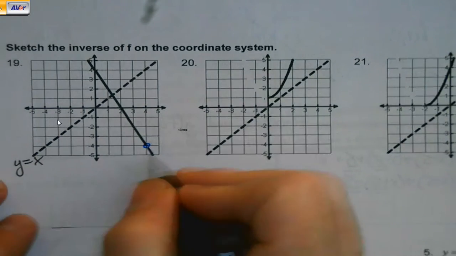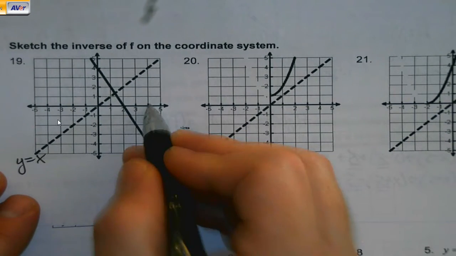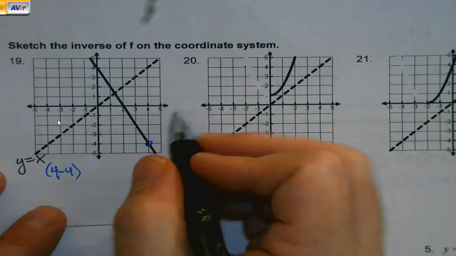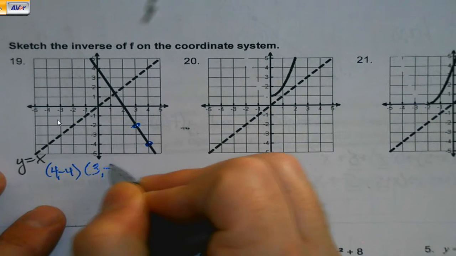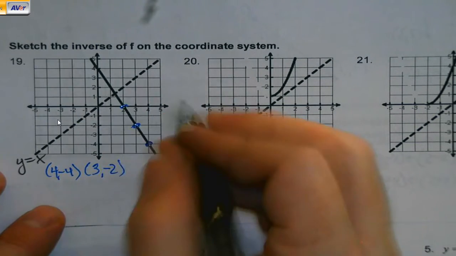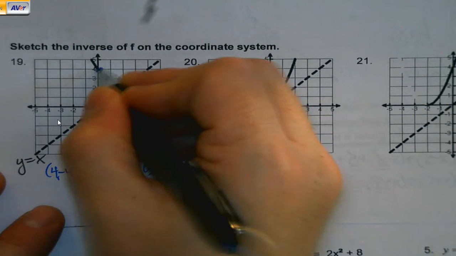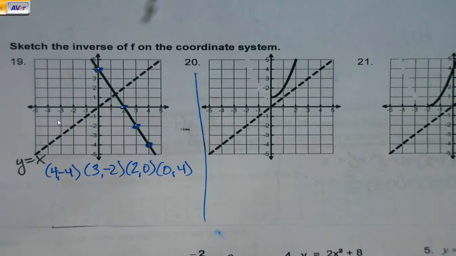And I'm just going to jot them down here at the bottom instead of writing them all up there. So this, for instance, is 4, -4. And 3, -2. 2, 0. Let's do one more. 0, 4. Okay. I just want to get several points that I can see on the line that they give me already.